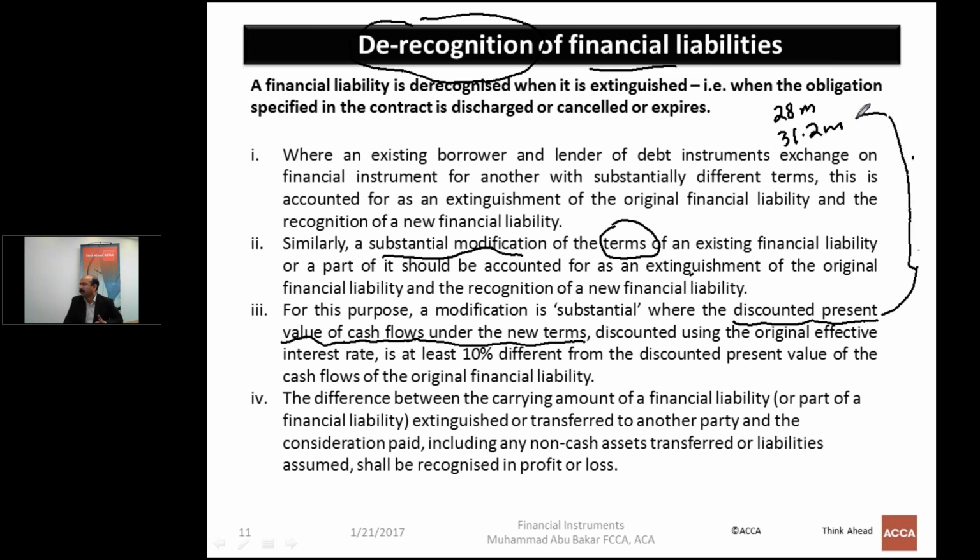Now, first decision is, should we de-recognize this 28 million? This will not affect the second decision. There are two things which need to be decided. Number one, should we de-recognize the existing liability? This is the first question. That will be answered according to this slide.